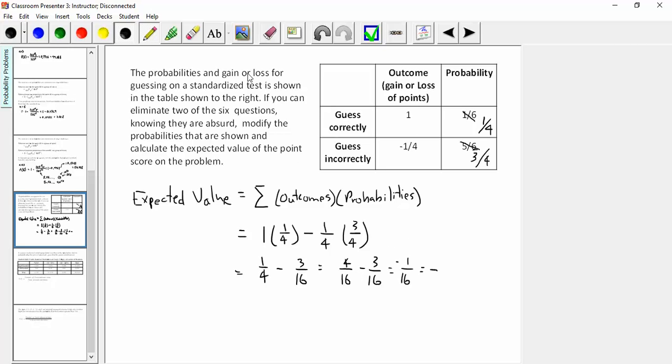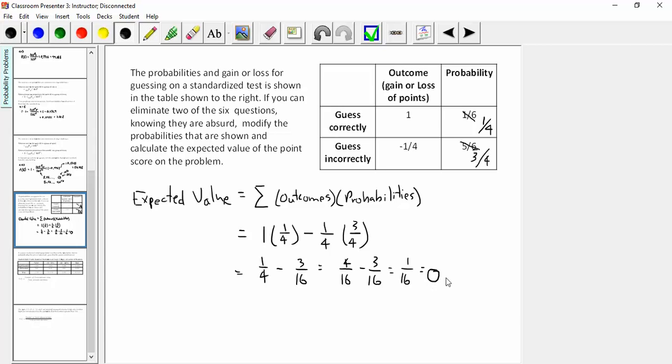Okay, I changed my problem, so this is not a negative. Did I do something else wrong here? Let me see. No, I'm good. Too bad I did it that way. Oh well, it doesn't matter. 1/4 minus 3/16, that's 4/16. Yeah, we got 1/16.